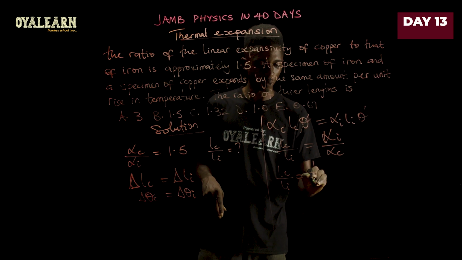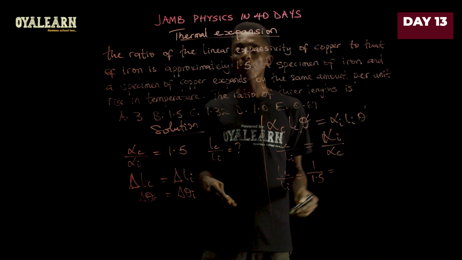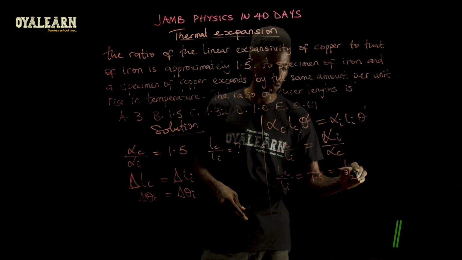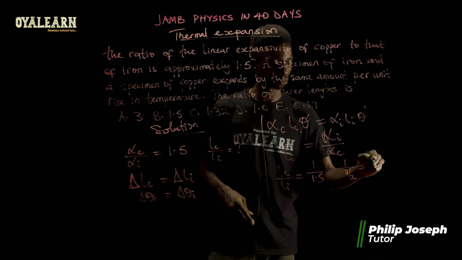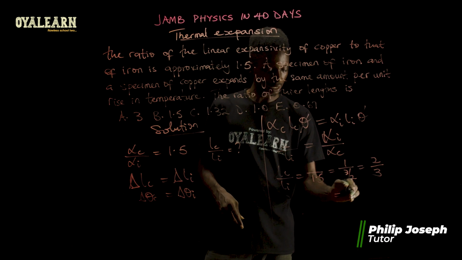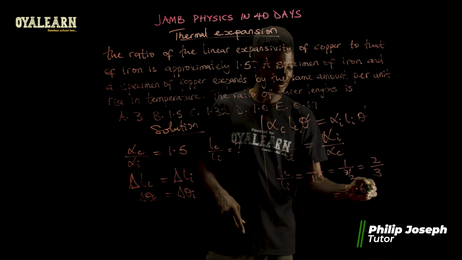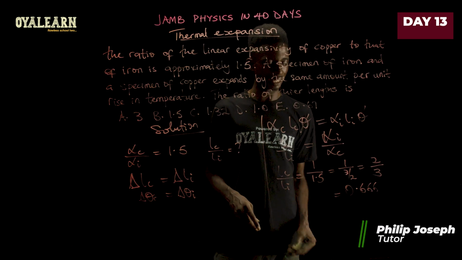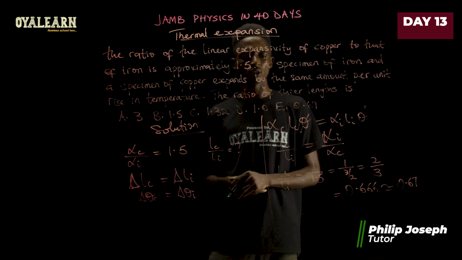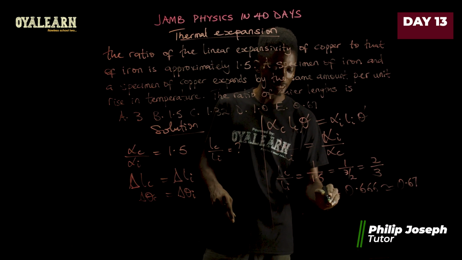So 1 over 1.5. Now 1.5 can be written as 3 over 2. So we write 1 over 3 divided by 2, which implies that we have 2 over 3. So the ratio is therefore 0.666 and on like that. So it's approximately 0.67, and that is option E.